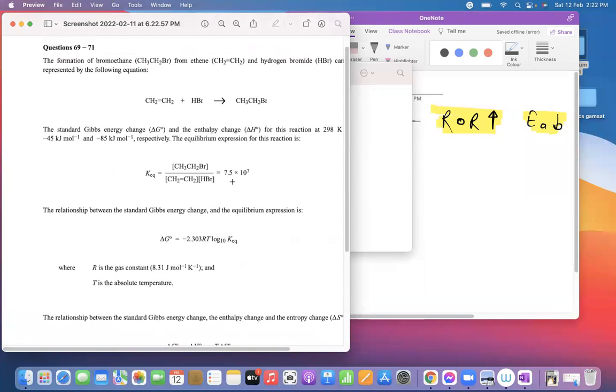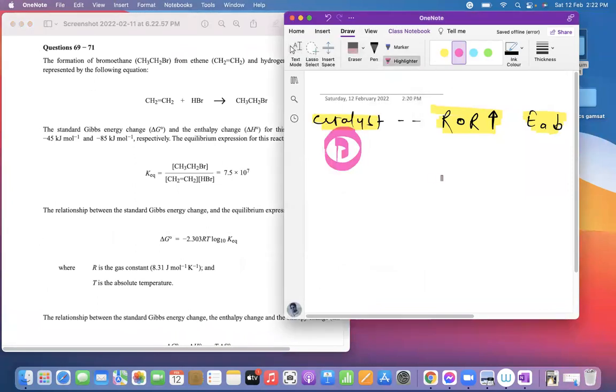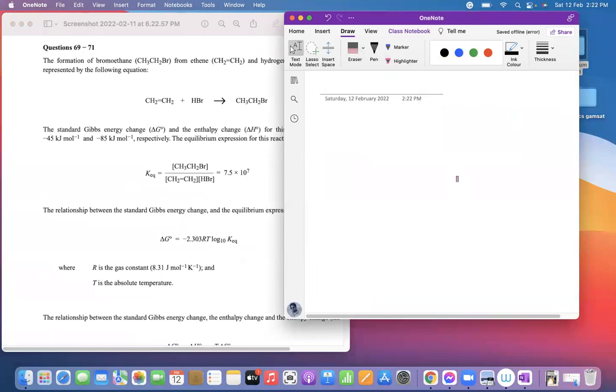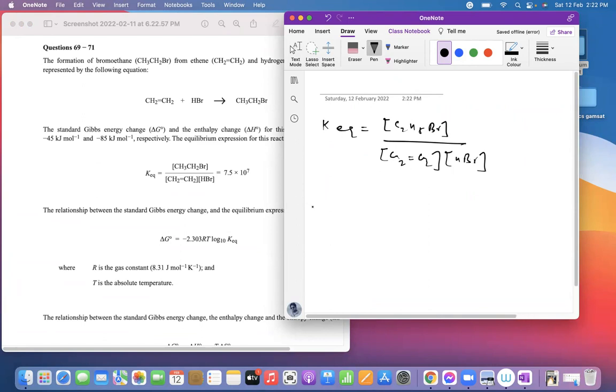This is your K equilibrium expression. Listen to me, I am saying we have K equilibrium, which is equal to the concentration of ethyl bromide, C2H5Br suppose, divided by the concentration of alkene, meaning CH2 double bond CH2, and another HBr. This is the K equilibrium expression.